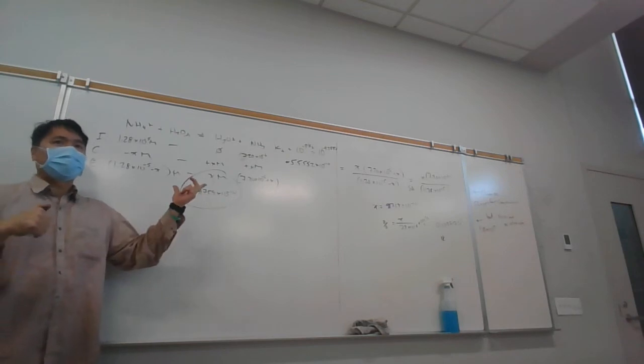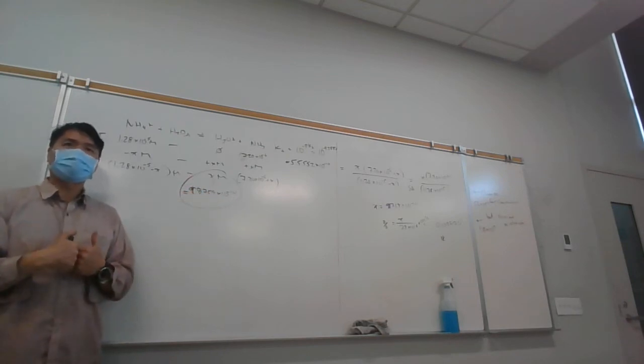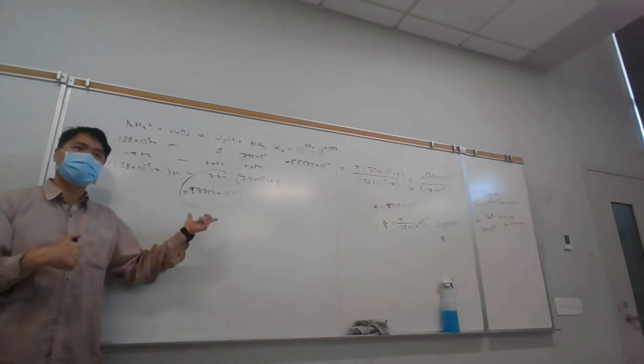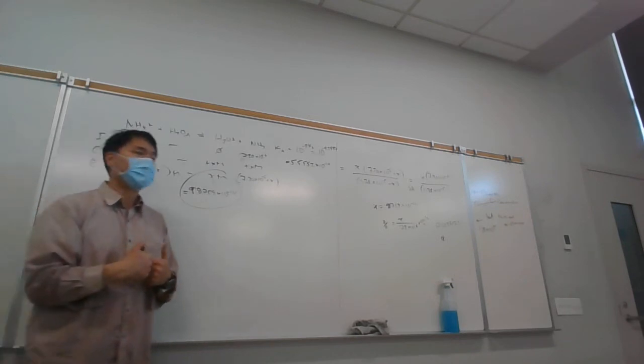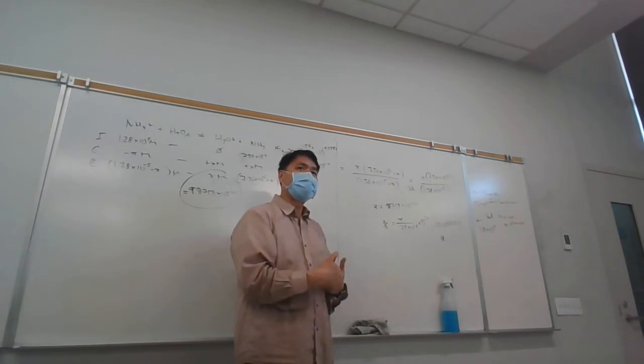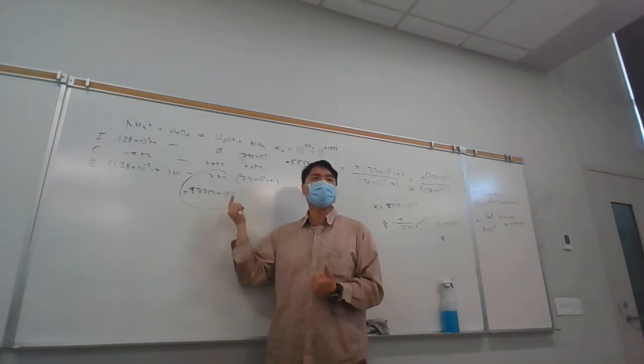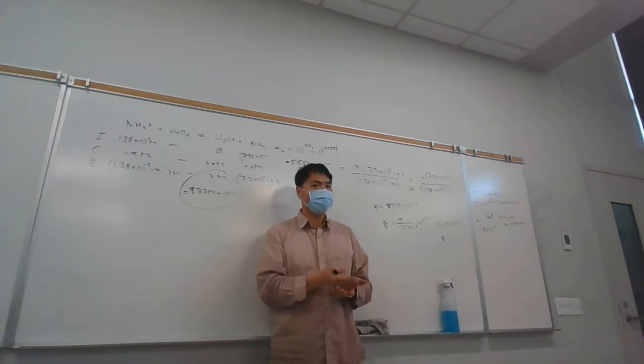Okay. Yes, based on the concentration, but this solution is not an acidic solution. This solution is a basic solution. We should have used Kb, and the amount of hydroxide we're going to generate is like 10 to the minus 4. If this is the amount of hydronium, the amount of hydroxide is 10 to the minus 4. If I had 10 to the minus 4 hydroxide, would you worry about Kw?